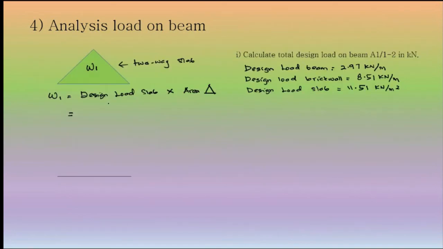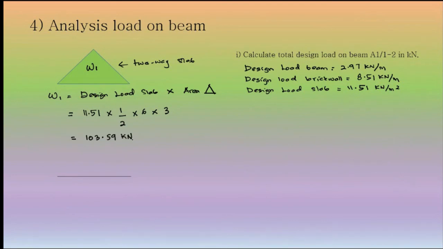So design load slab 11.51 times width area of triangle. So area of triangle 1/2 times width base. Base dia tadi 6 times width height of triangle is 3. Okay, so from this kita akan dapat what guys? 103.59 kilonewton.